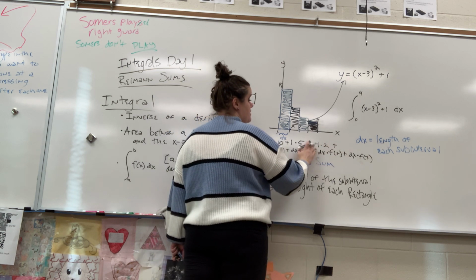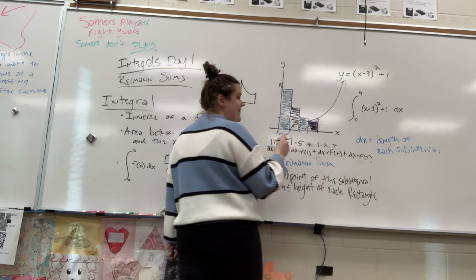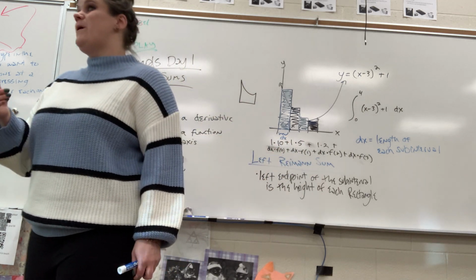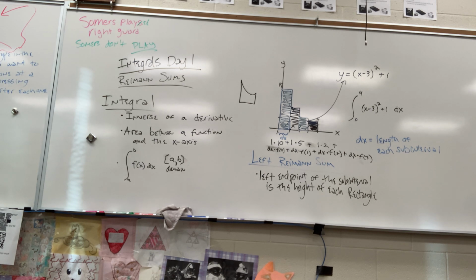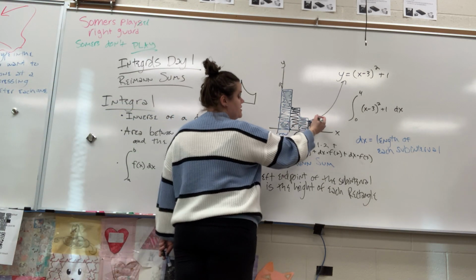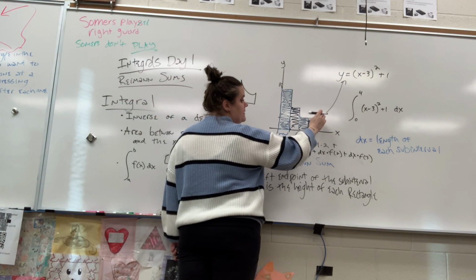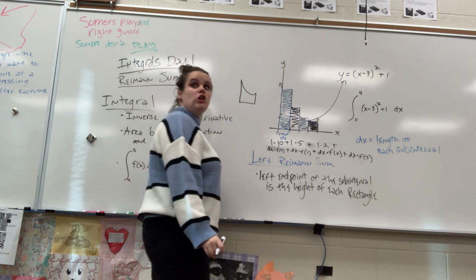2. So I told you in this instance that I wanted 4 rectangles. So my interval is 4 long, 0 to 4. So if I want 4 rectangles, I divided it by 4. I didn't use the right Riemann sum in the last one, because if I used the right endpoint, the rectangle would have been taller.